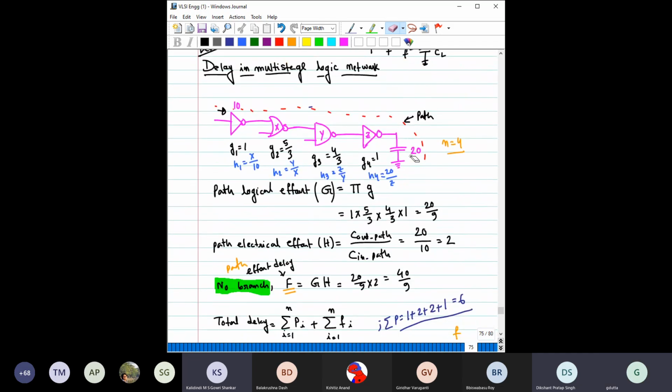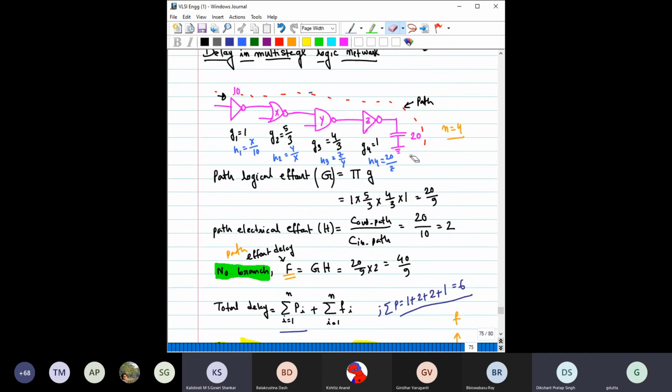Okay. So now we have seen it is quite easy how to size each of these gates. But the question is, we have found the minimum delay, but we have not done the sizing yet.